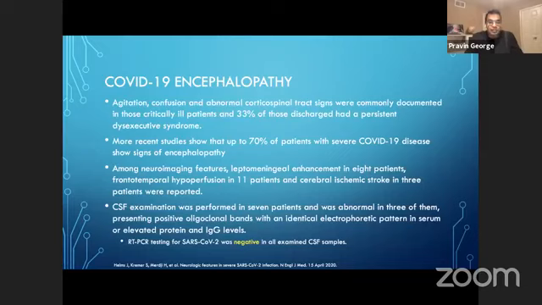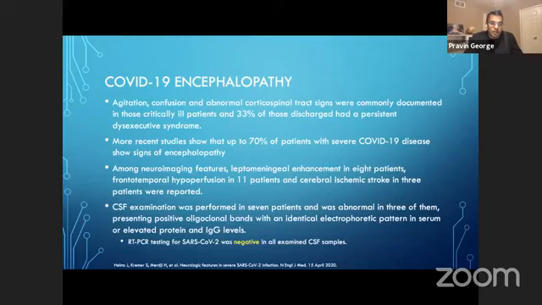Even EEG at that time was very difficult. But among patients that actually got neuroimaging, there was some leptomeningeal enhancement, which is suggestive of a viral infection, viral encephalitis. There was some frontotemporal hypoperfusion on perfusion scans, and cerebral ischemic stroke in about 3 in this particular study.